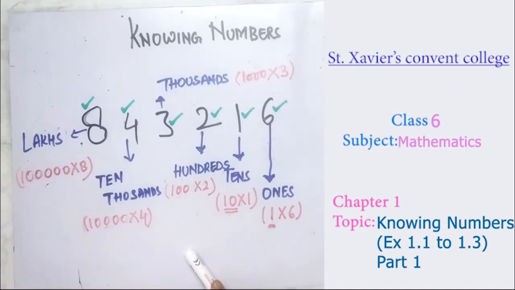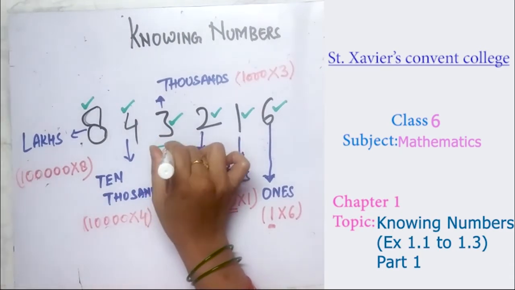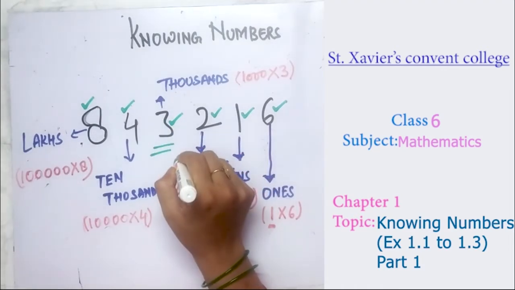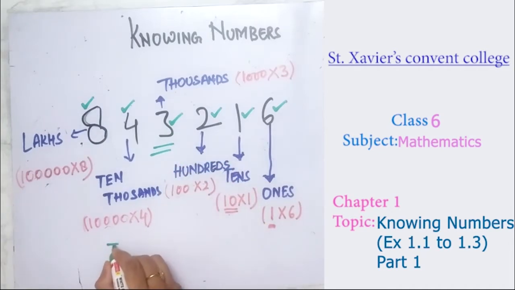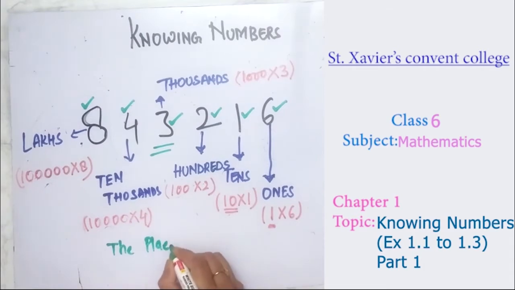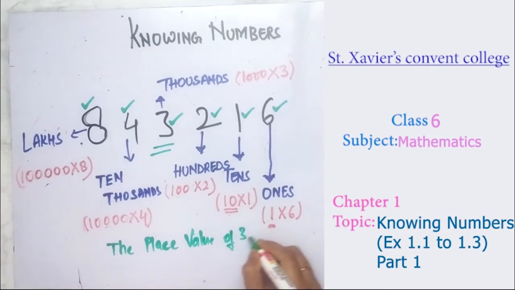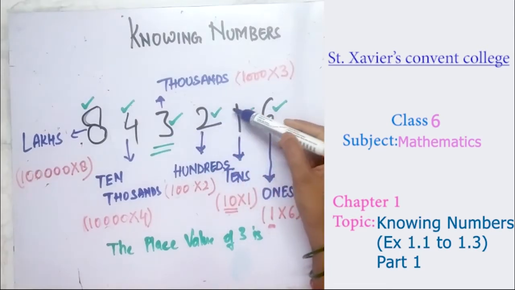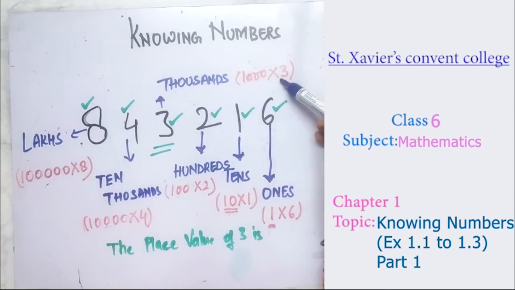Now we are going to write this. How are you going to write these values? Just take an example of 3. If someone asks you to write the place value and the face value of 3, how are you going to write? The place value of 3: after 3 you can see how many zeros, 1, 2, 3, that is 3 zeros, that is 1000 into 3.